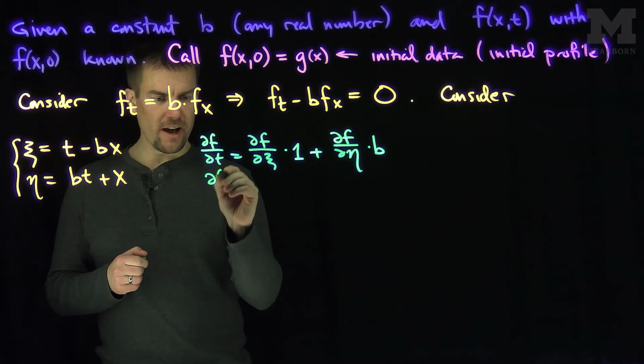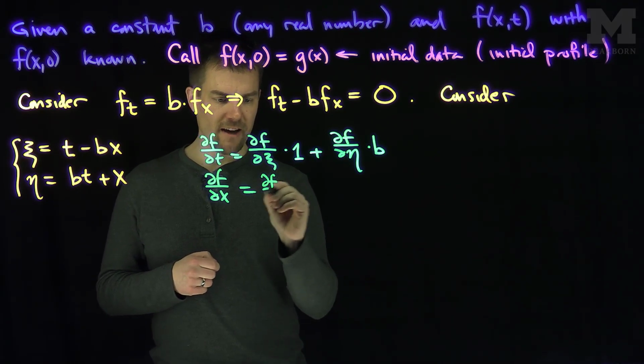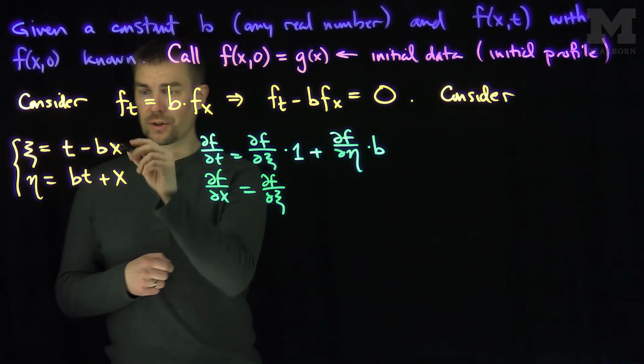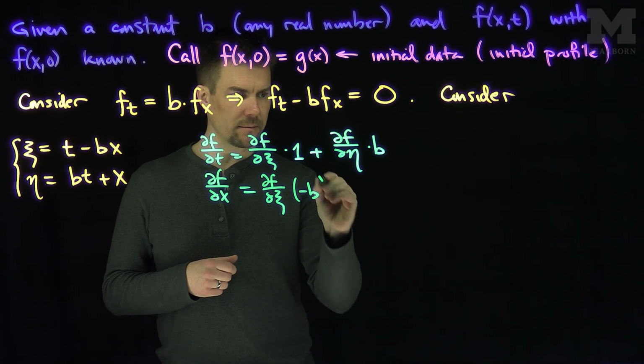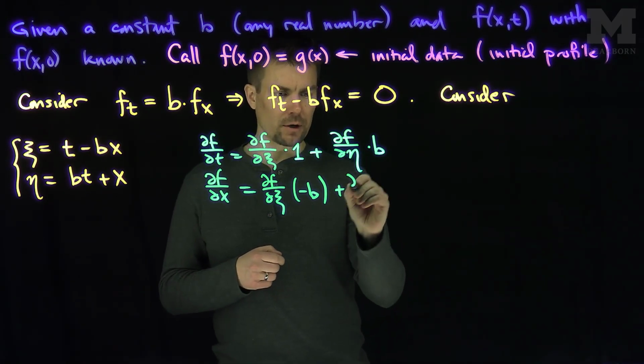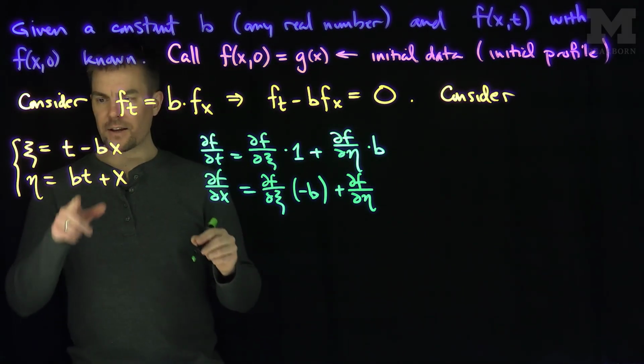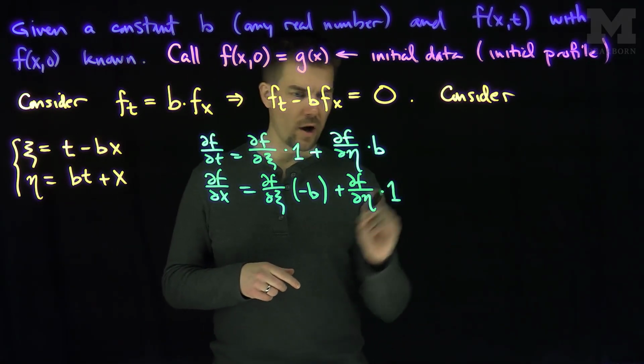And then partial f partial x will be partial f partial xi, then partial xi partial x, which is negative b, plus partial f partial eta, and then partial eta partial x, which is just going to be a 1.